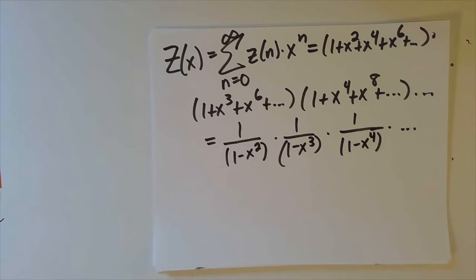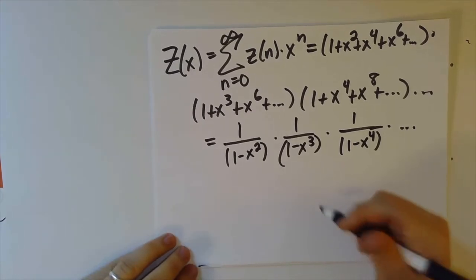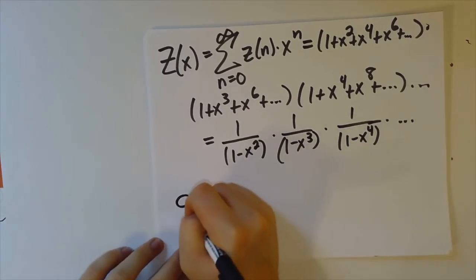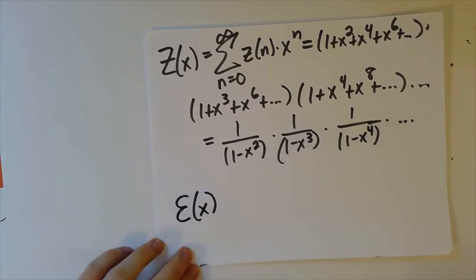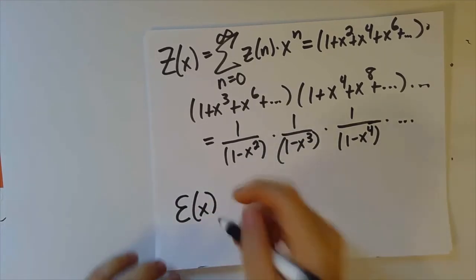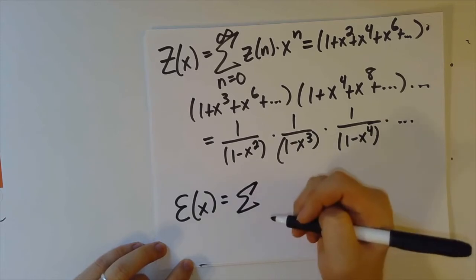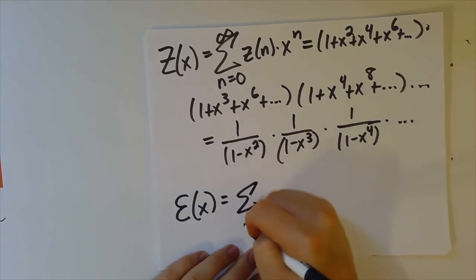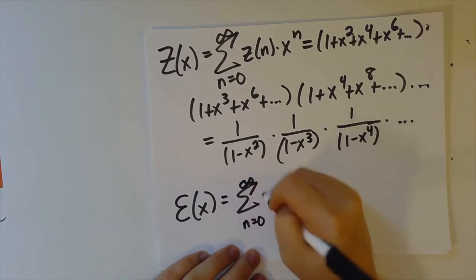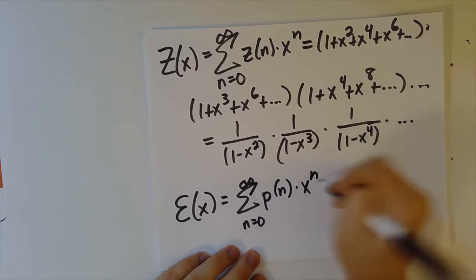Now, if you remember our regular partition function, this was the thing that got this fancy-looking e because it's named after Euler. This was the sum as n goes from 0 to infinity of just p of n times x to the n.